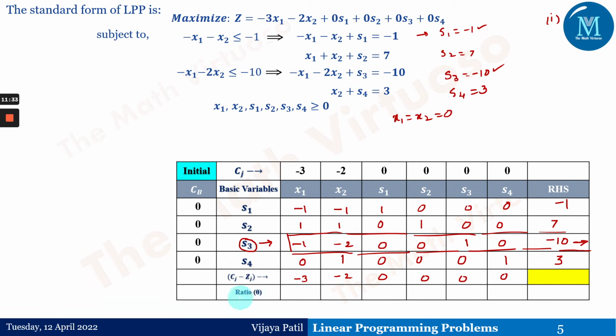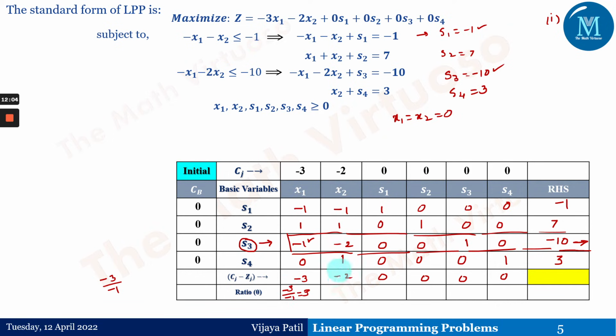Now theta is nothing but the Cj minus Zj value of a particular column divided by the corresponding value in the key row. So for j equal to 1, C1 minus Z1 and the theta corresponding to that would be minus 3 divided by minus 1, which comes out to be 3.